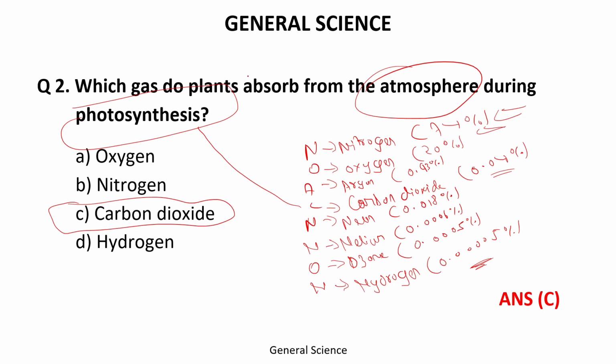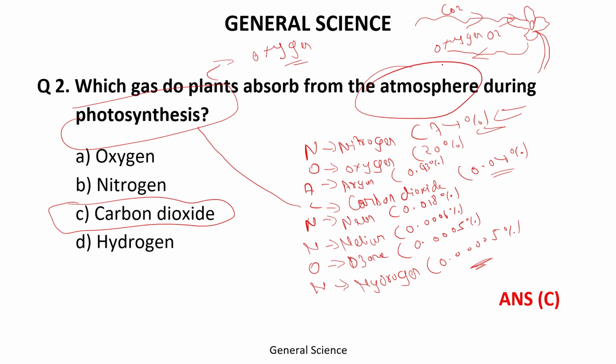And if plants absorb carbon dioxide, what do they release? They release oxygen. So if this is a plant, then it will absorb CO2, carbon dioxide, and it will exhale oxygen, or O2.